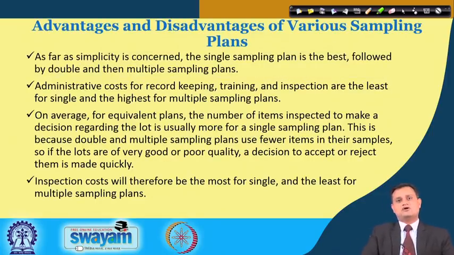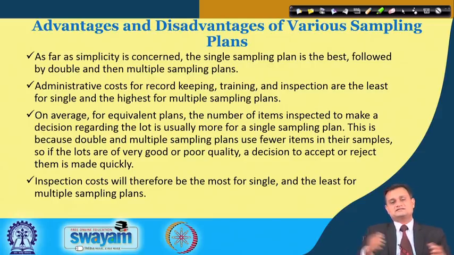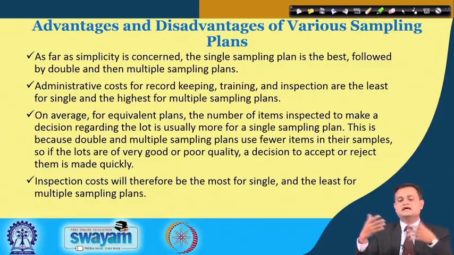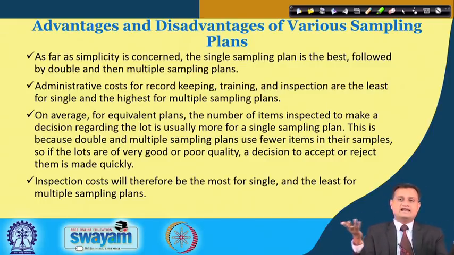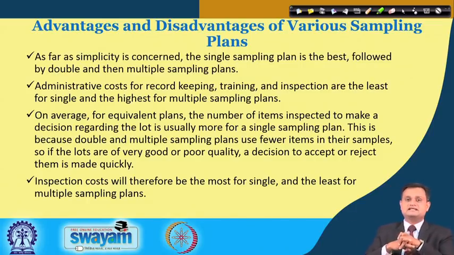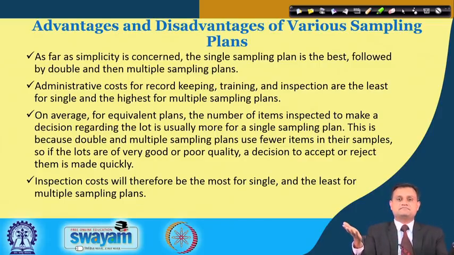So now there are obviously some advantages and disadvantages with the plans. Single sampling plans are very simple, and the record keeping, training and other things are very less, which is quite high in double sampling and multiple sampling. But on an average, for equivalent plans, meaning the same discriminatory power, the number of items inspected to make a decision regarding the lot is usually more for a single sampling plan.